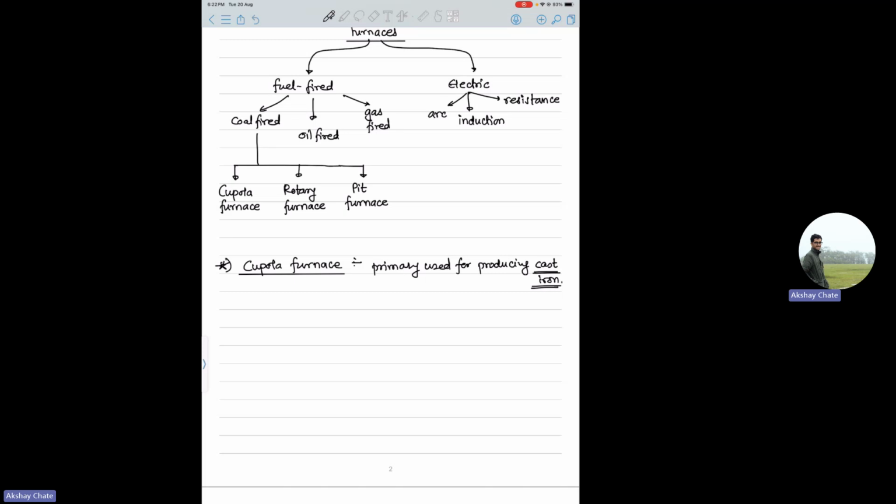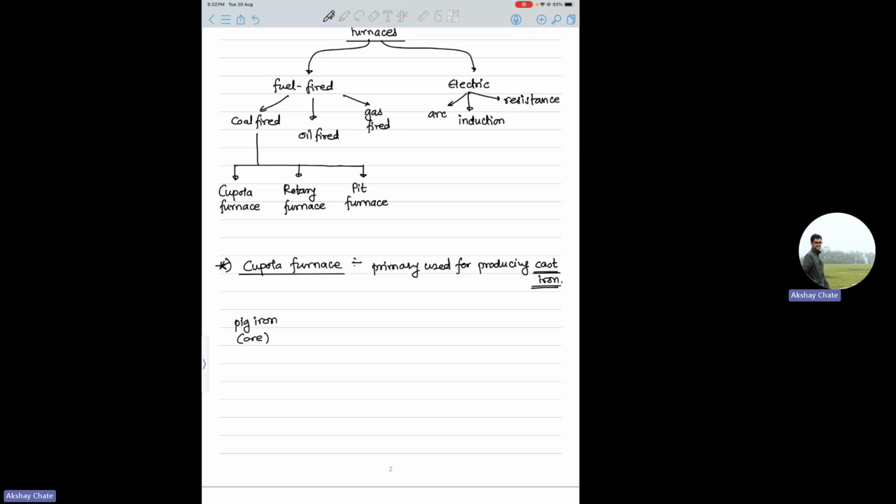So what happens? Basically you have pig iron. So the natural iron that you get from mining is called pig iron. This is your ore, whatever we call.